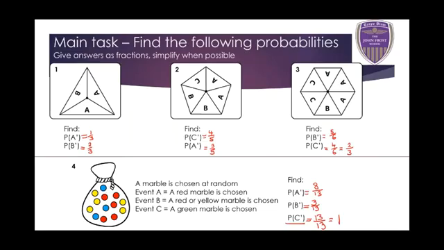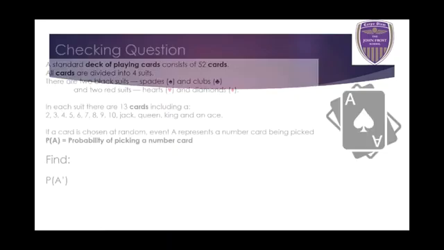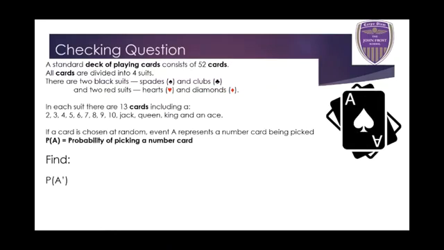Let's have a look at the checking question now. A standard deck of playing cards consists of 52 cards. All cards are divided into 4 suits: spades, clubs, hearts, diamonds. In each suit, there are 13 cards. These include a 2, 3, 4, 5, 6, 7, 8, 9, 10, a jack, a queen, a king, and an ace.